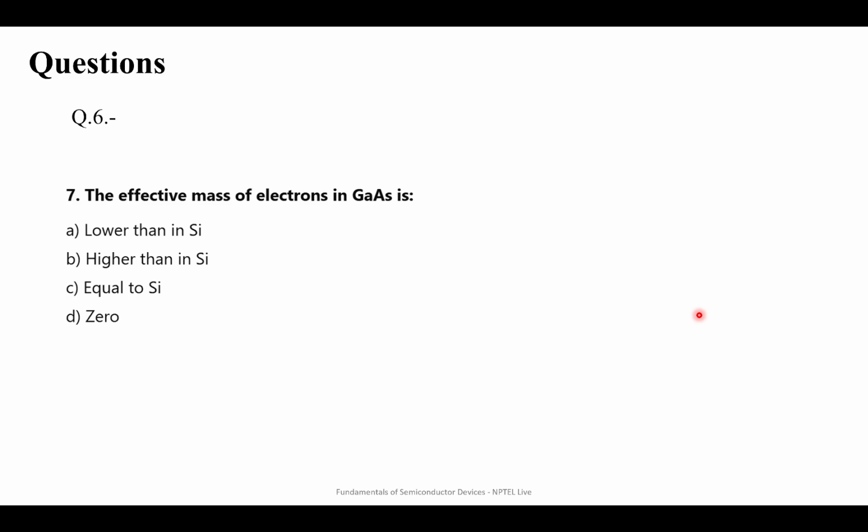The effective mass of electrons in gallium arsenide is: lower than in silicon, higher than in silicon, equal to silicon, or zero.